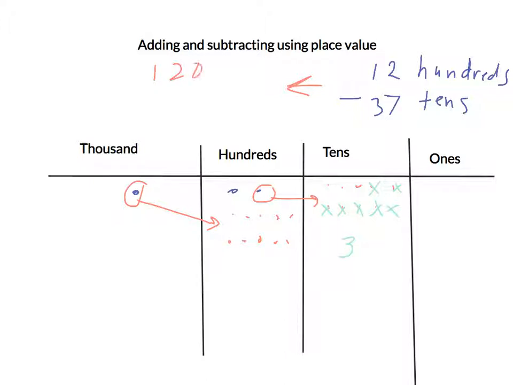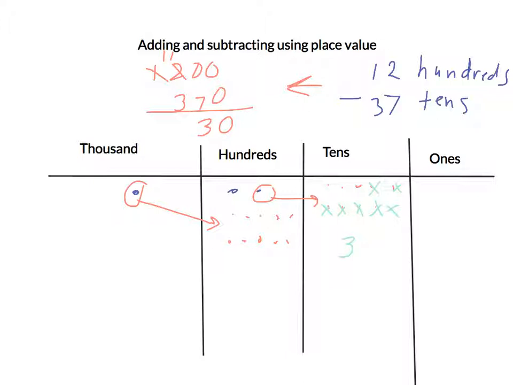having 12 hundreds minus 37 tens. So in this case, I didn't have to worry about my ones, but I knew I needed to decompose to end up with 3, which is how I ended up with that 1 here. I then took this one to decompose this 10, or unbundle it.